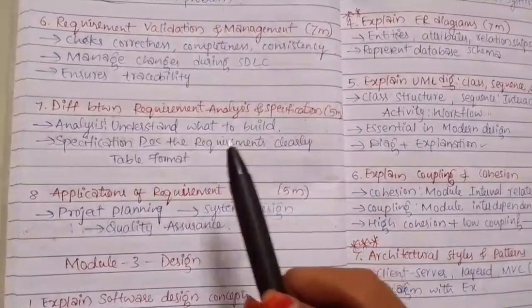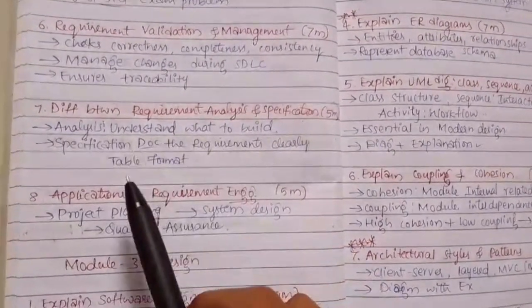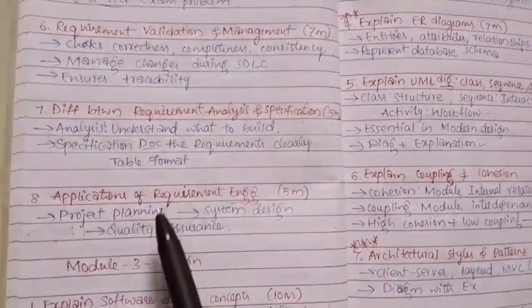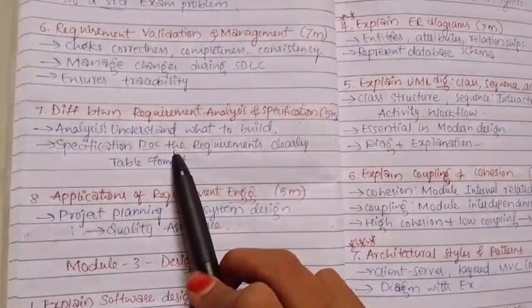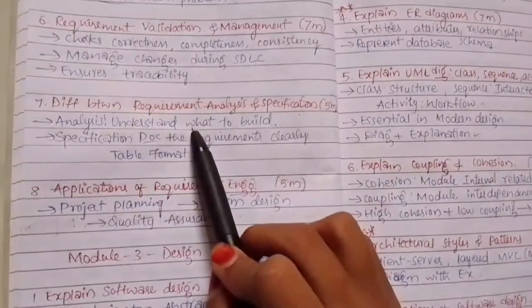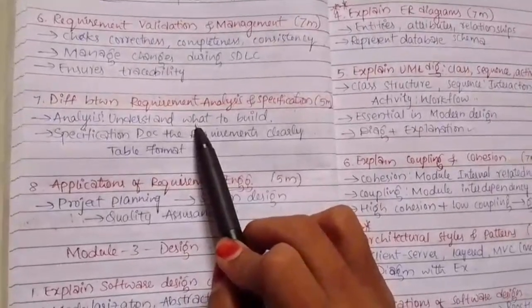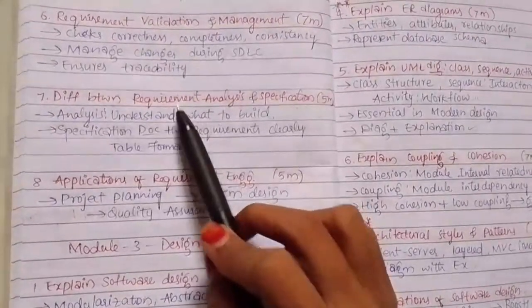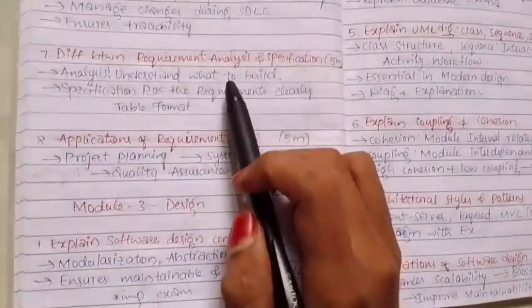If you write in tabular form, it will be easy for the examiner to correct, and you will easily get full marks for this question.